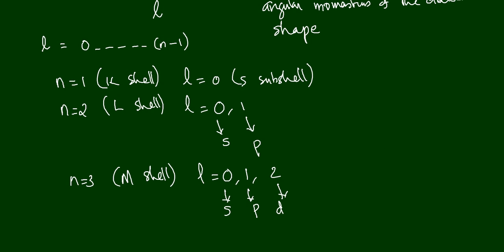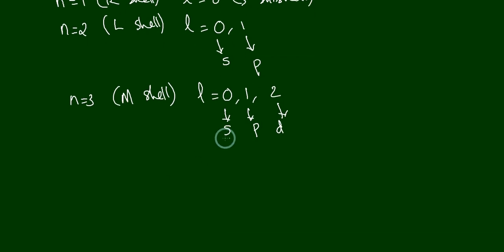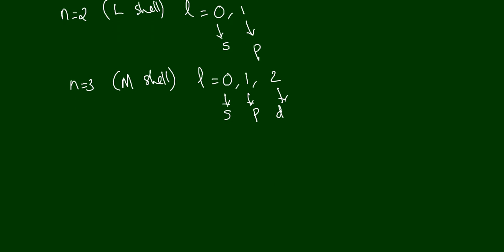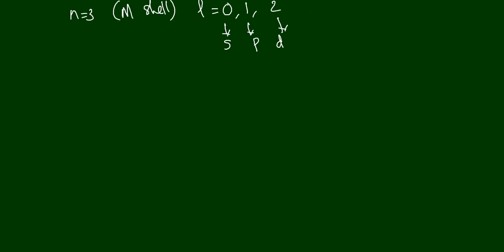So within the third shell or M shell, there can be 3 subshells, S, P, and D. In the second shell, there are only 2 subshells, S and P. In the first shell, there is only one subshell, that is S subshell. Like that you can get the subshells within a shell.